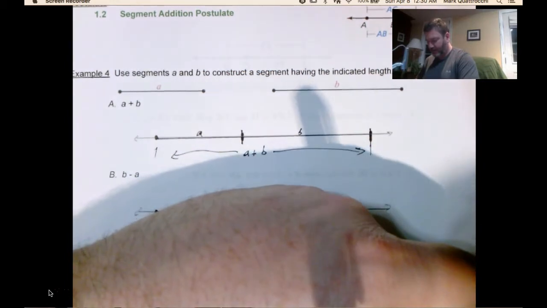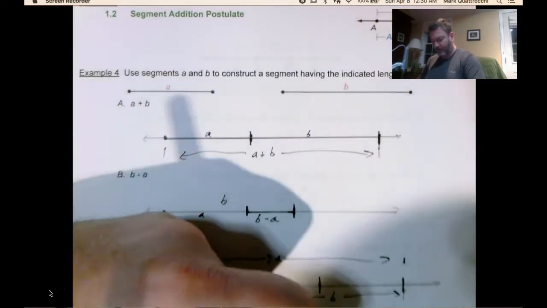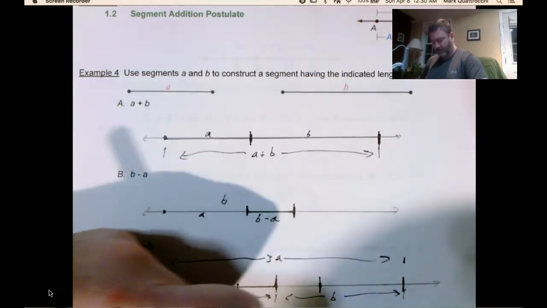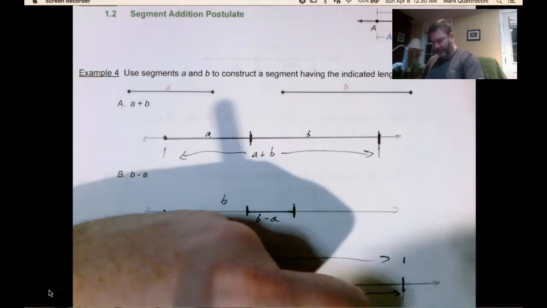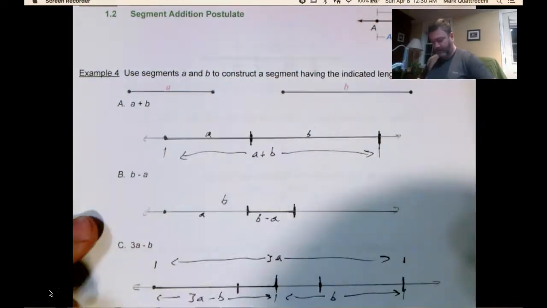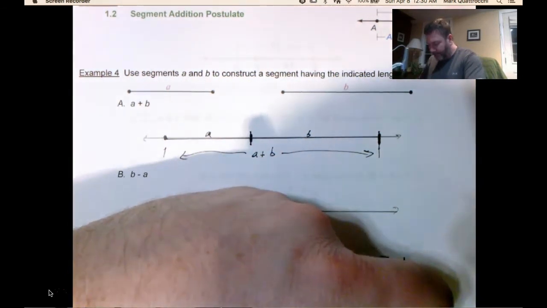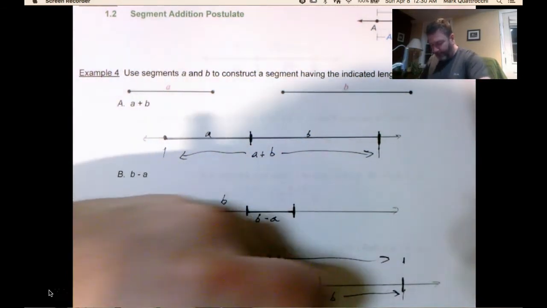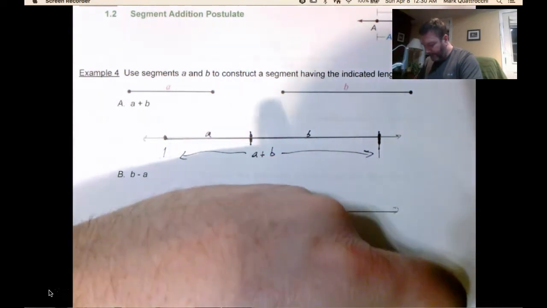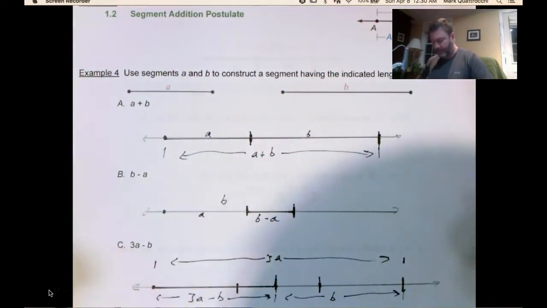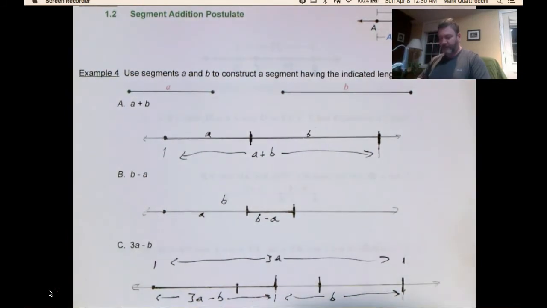Second B. Making this A plus 2B. All the way from here to here. Let me highlight that. So this is my A plus 2B. So that's example 4. Let's move on.